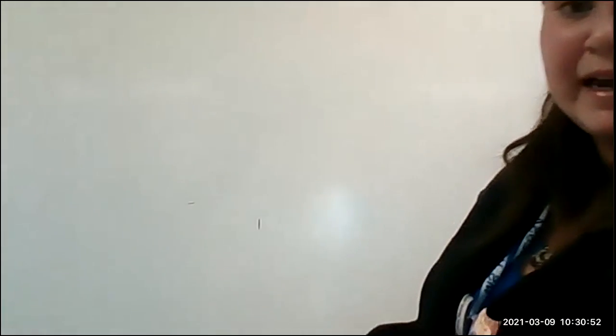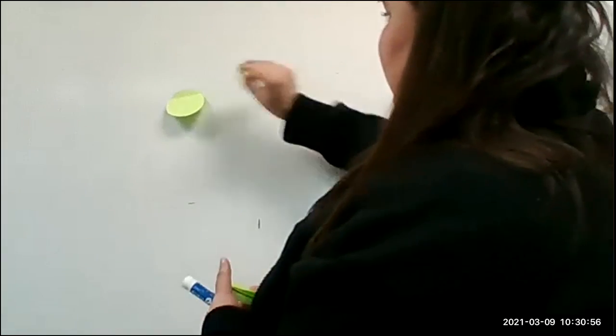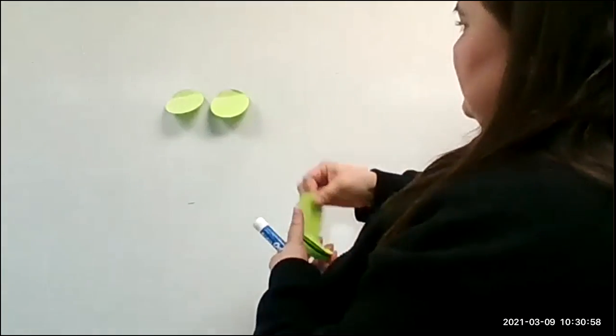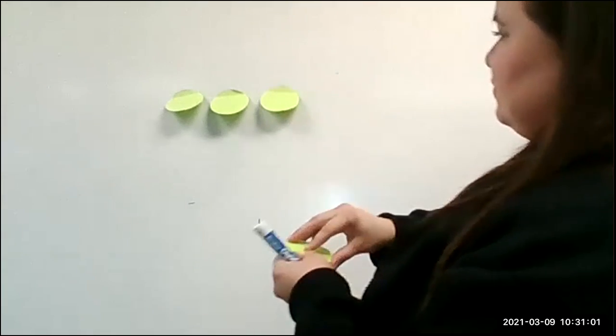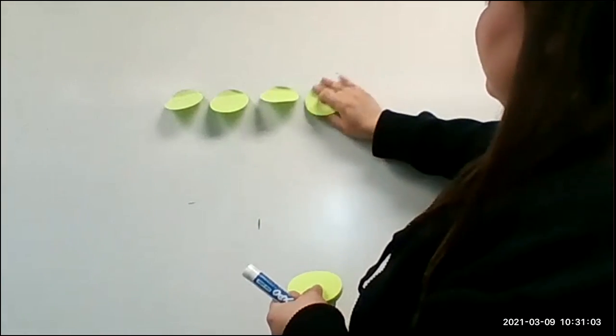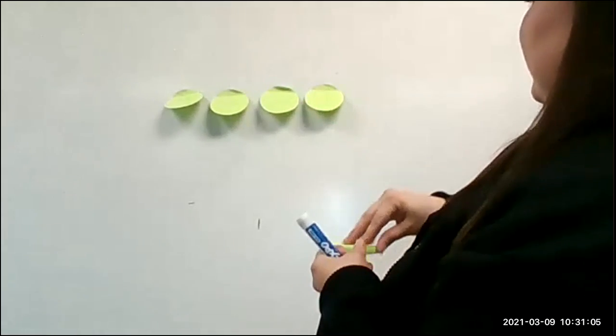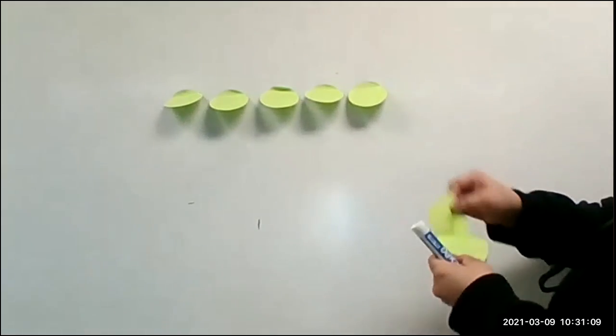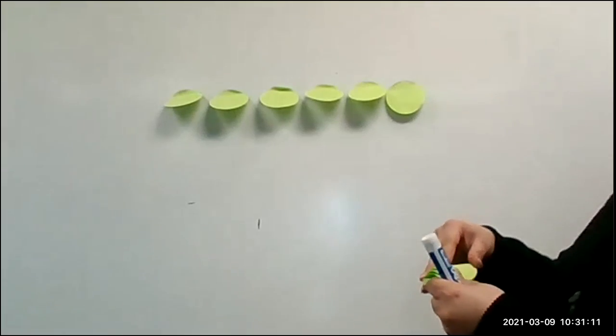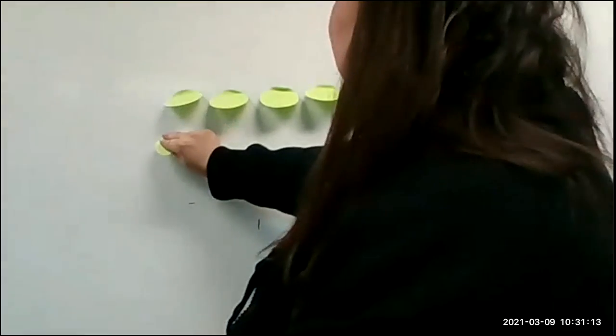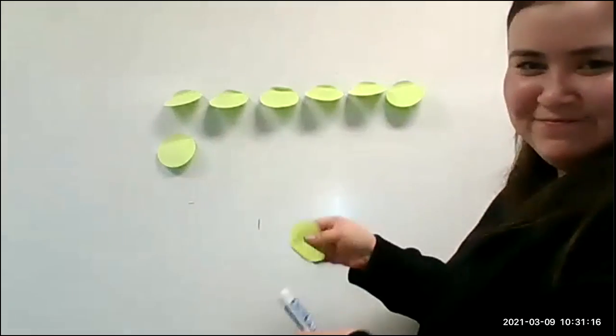So I'm going to put up 18 sticky notes. 2, 3, 4, 5, 6. So a lot of sticky notes, friends, and they look like they're trying to fly away from me.